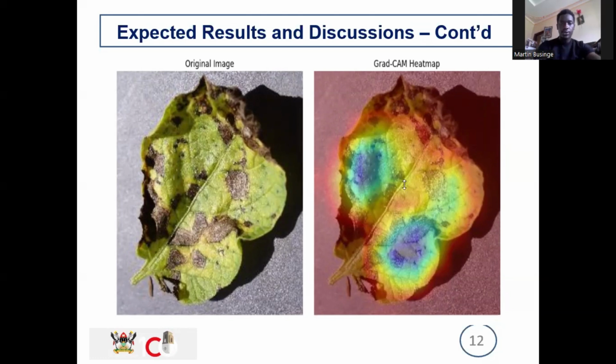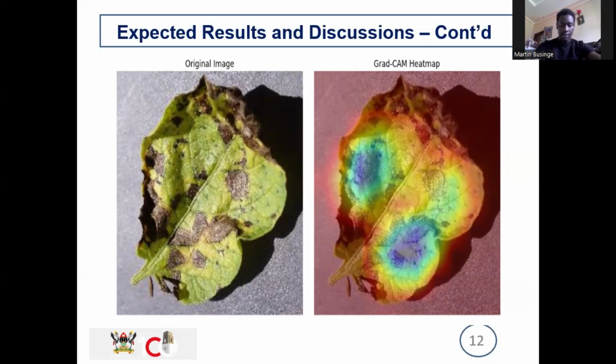So when you look at these images here, we have at first the original image, which is just the raw image, which is infected with the disease. And then the second one is the image which shows what the model based on to detect the disease. It shows the highlighted areas.